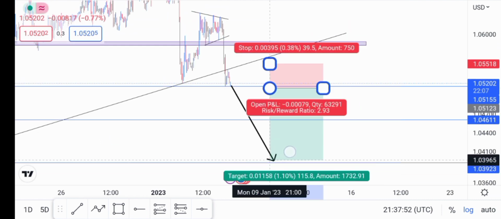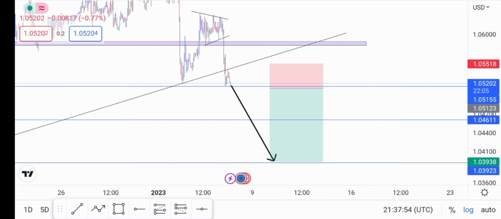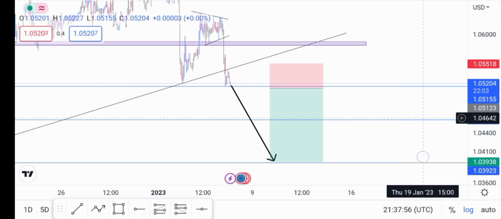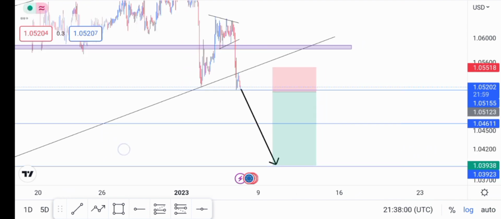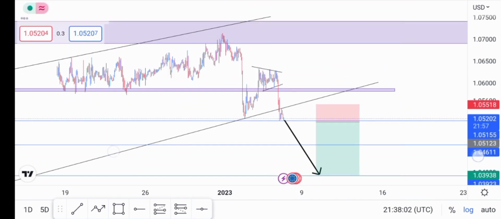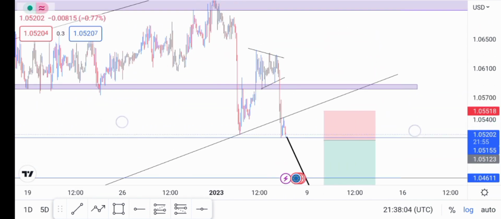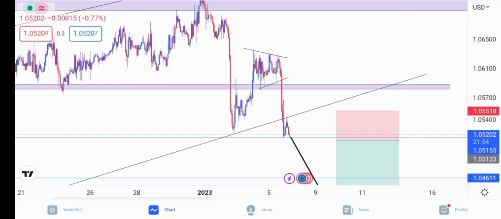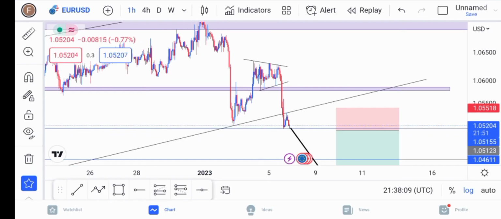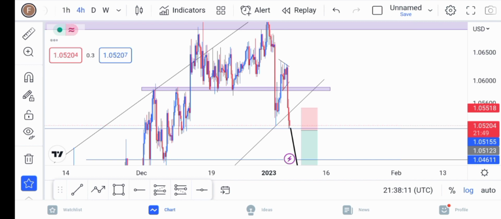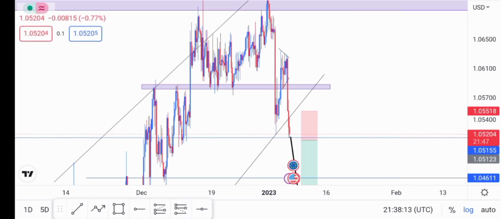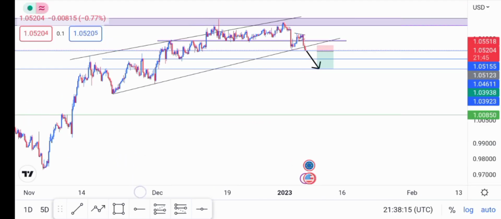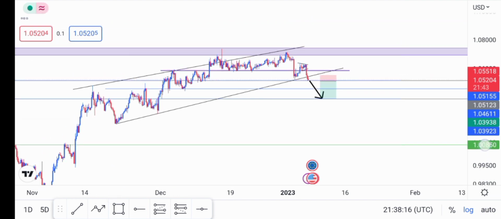this could be our overall take profit right over here, and our first take profit right over here, and second take profit right over there. So this is how we should trade Euro USD based on what I'm seeing on the 1 hour time frame.